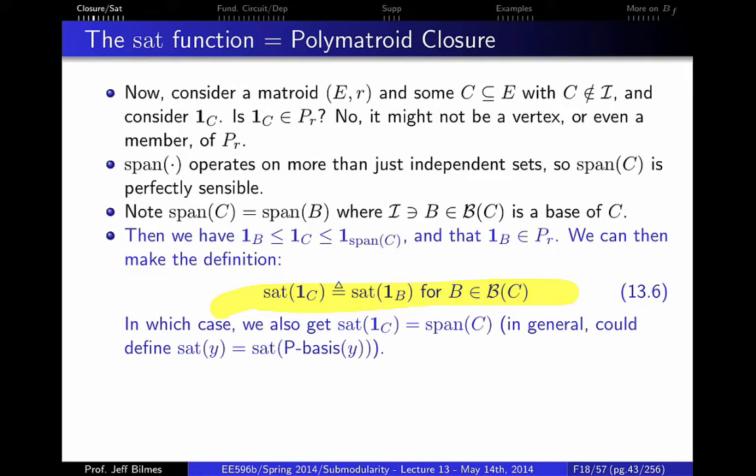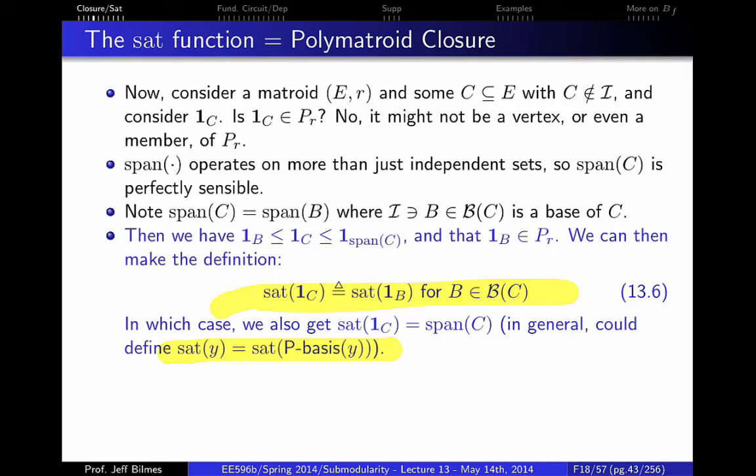Or more generally, you can imagine defining SAT to be the SAT of any P basis. Remember the notion of a P basis, the maximally independent subvector of a given vector? We could take any P basis of Y, which we know has the same component sum because it's a polymatroid, and say the SAT of Y is equal to the SAT of the P basis of Y. Right? Now what if you're an extreme point? If you're an extreme point, that means that you're your own P basis. Right? If you're an extreme point on the polytope, you can't move.